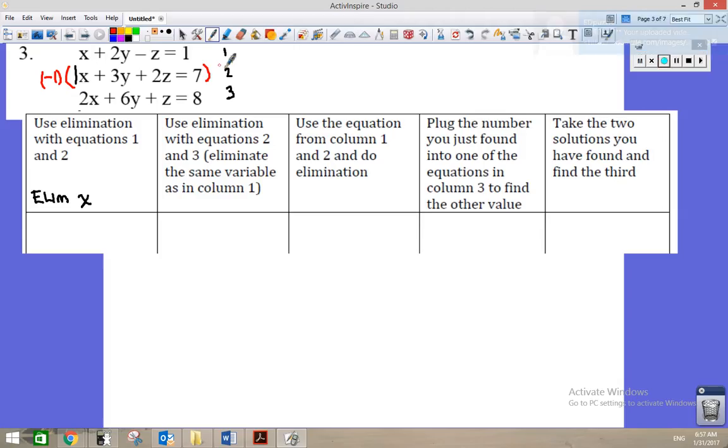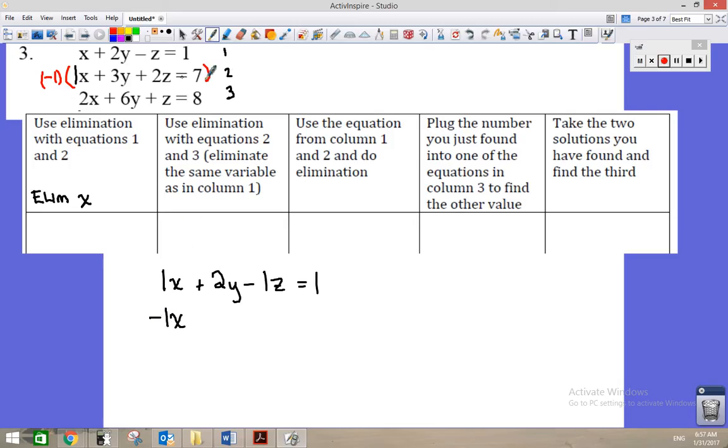So let's write down equation 1 exactly as is. 1x plus 2y minus 1z. I guess I didn't copy it exactly as is because I put 1's in there to help me out. Now, if I multiply everything by negative 1, I'm going to change the sign of all of these terms.